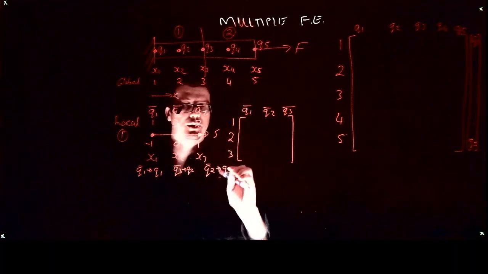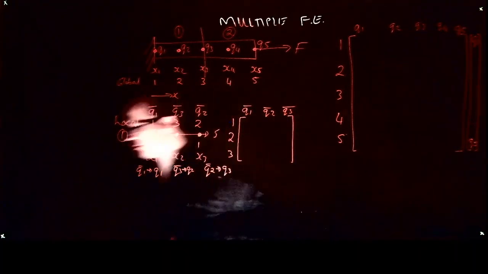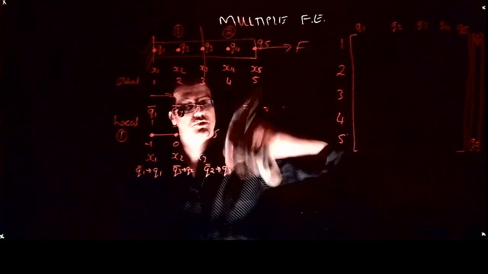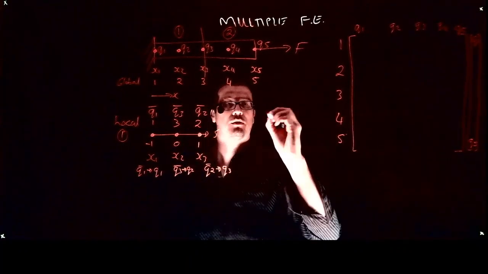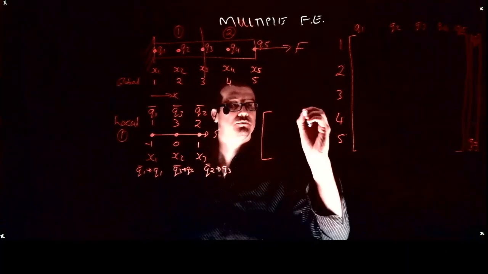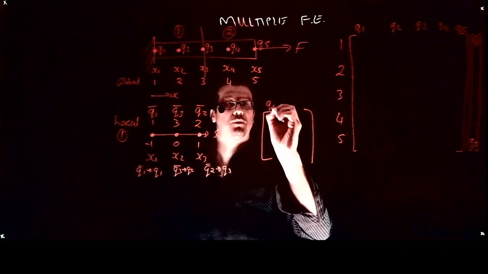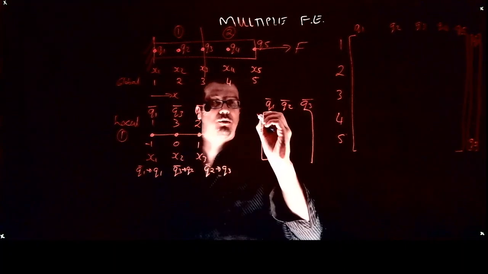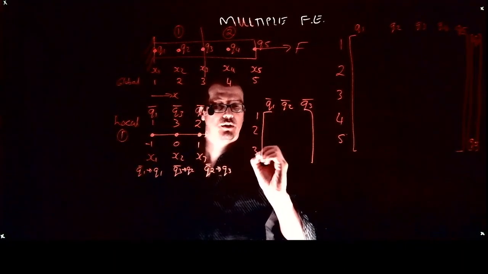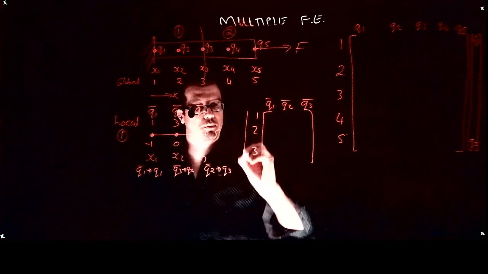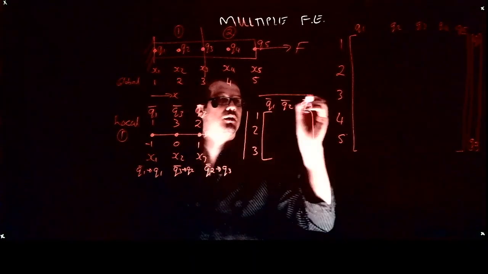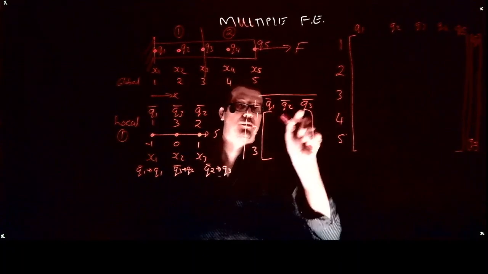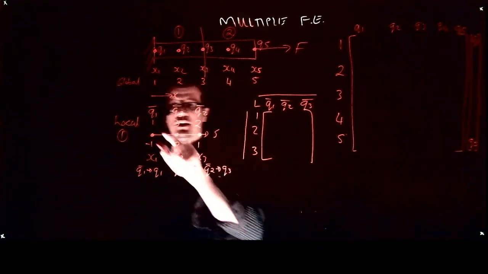So maybe I'll just wipe this off and shift this to the side. So this is Q1 bar, Q2 bar, Q3 bar, and this is 1, 2, 3. I'm going to call this the local: locally these are the variables, and locally these are the node numbers.